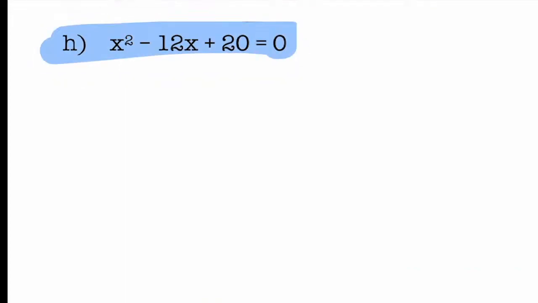Okay, so for this one here, they want you to find the roots by factoring. Looking at it, I see a simple trinomial. Right away, I think of product sum. My product is 20, and the sum is negative 12. So I have to think of two numbers that multiply to 20 and add to negative 12. You can go through all the permutations, but I'm thinking negative 10 and negative 2 will do it.